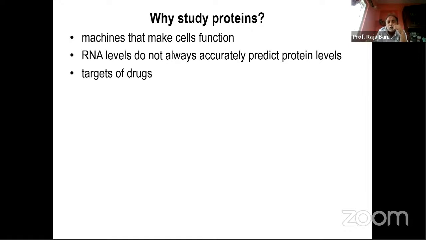This is a very important role. And from the RNA or DNA level, it is not possible to have an accurate prediction for the protein levels. And the third reason why we have to know the structure and the function of the protein is because we have to go for the target of the drugs.